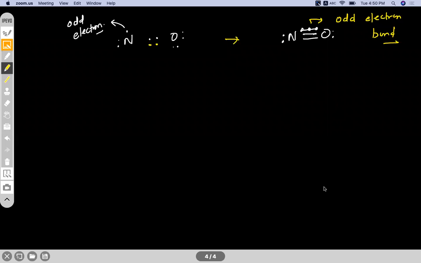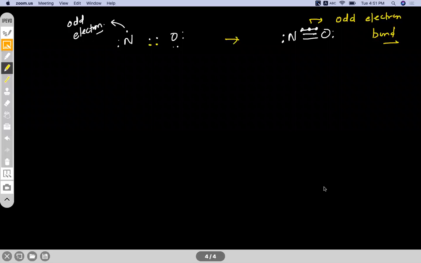Write down that the strength of an odd electron bond is lesser than the single bond, and hence it is called a half bond. If you compare the stability of this compound with the normal compounds, it is less stable. That's why this bond generally won't form. But yes, for a few examples, it is true.